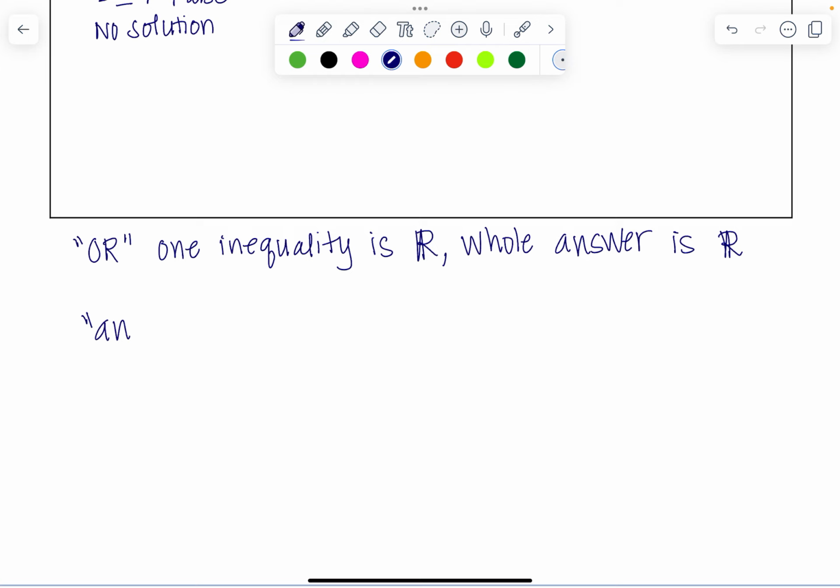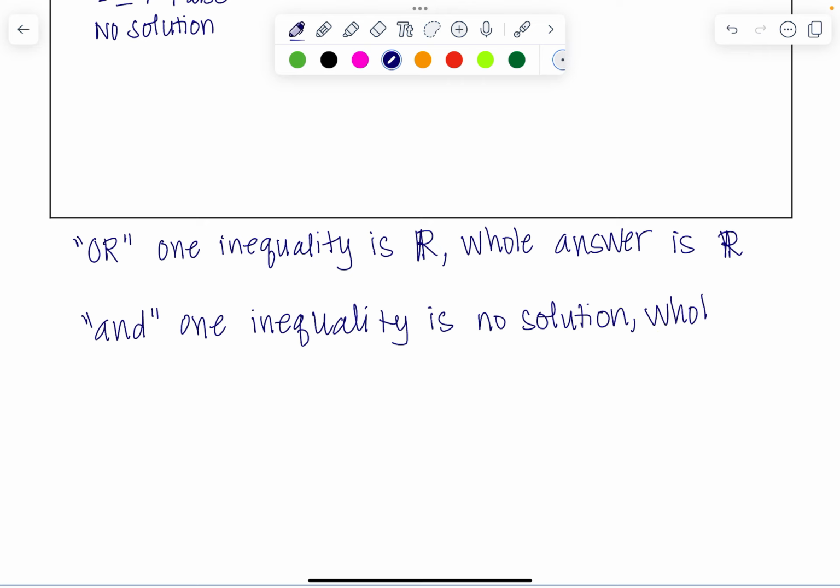If it's an and and one inequality is no solution, the whole answer is no solution.